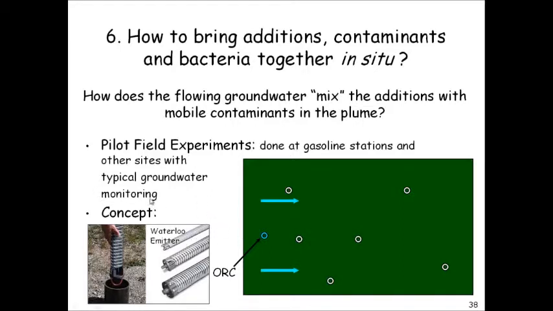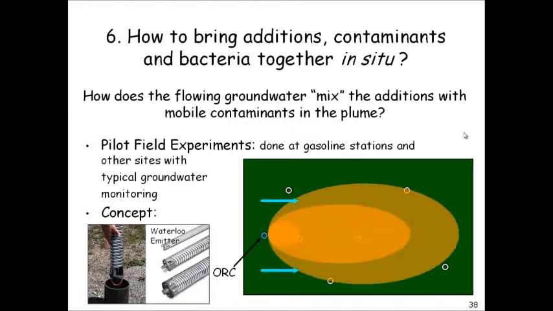And their experience or their observation is if they put that in a well in a contaminant plume, the oxygen effect, that is the oxygen itself or the oxygen that's being transformed into CO2 by degradation of benzene, for instance, is found at quite large lateral distances away, 3 to 5 meters perhaps away in a transverse direction from the point of release. And therefore it would take one well to affect a fairly large area.